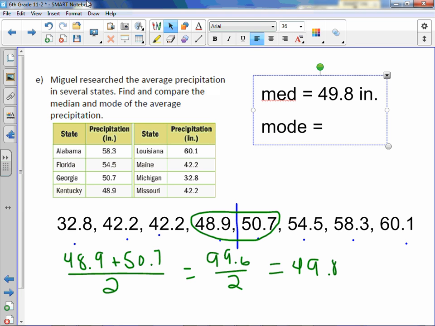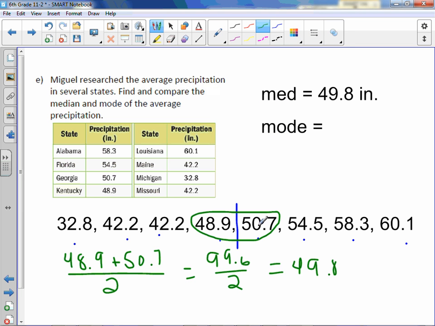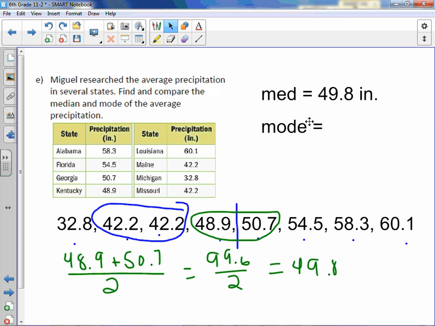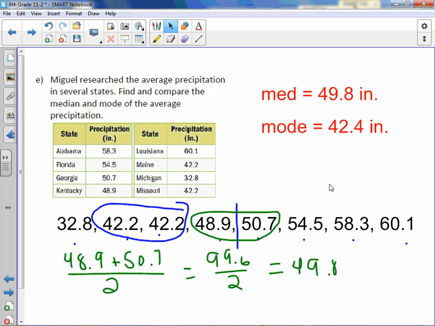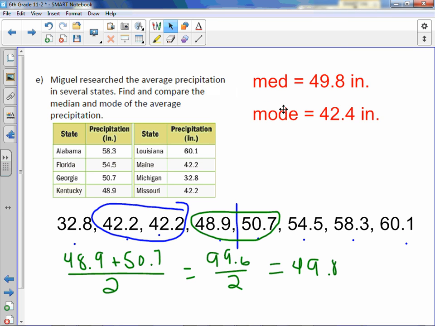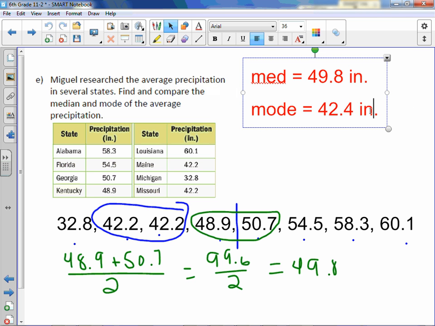Our mode, the number that occurs most often, looks like I've got 42.2 as the mode. Now this question also says to compare the median and the mode.